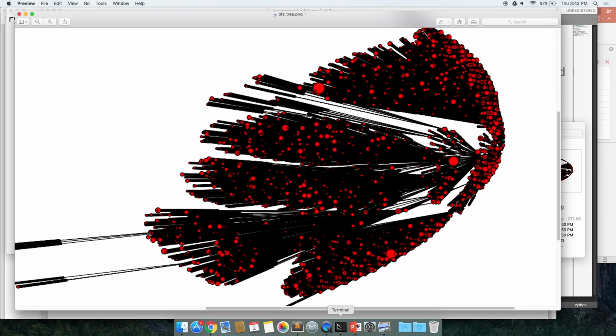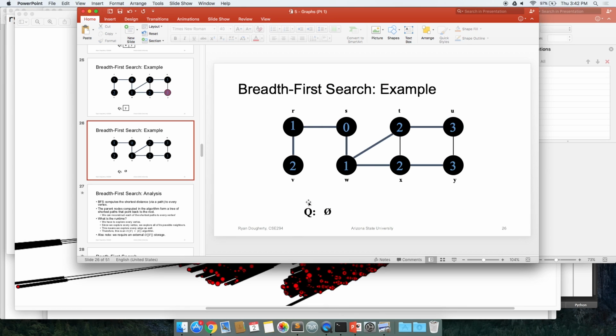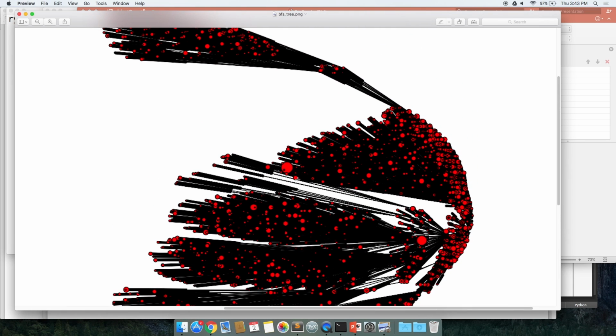What I'm doing here is the BFS tree. I'll go back to an example. The BFS tree is just how I explored the graph. S will have an outgoing edge to R and W here, and then R has an outgoing one to V, W to T and X, T to U, X to Y. So it's basically how the graph was explored here. This is how the graph looks when I explored it using BFS.